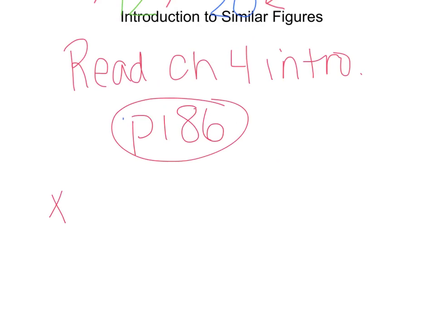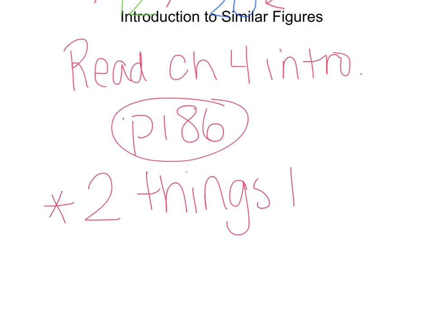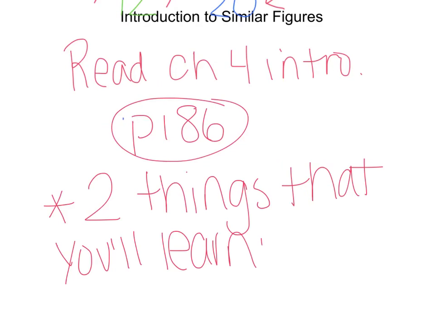And I want you to write down 2 things that we'll be studying in this chapter, or 2 things that you'll learn in Chapter 4. And you can either get that from the introduction on page 186, or you can skim ahead and preview the chapter. Make sure you have that written down with you when you come to class tomorrow, and we will jump into the chapter and start learning more about similar figures.